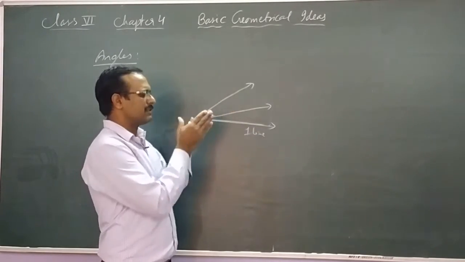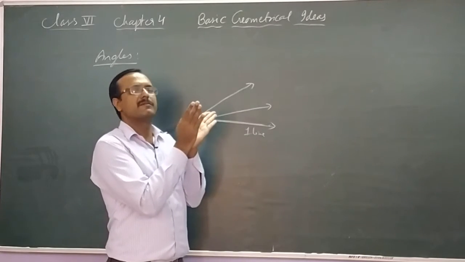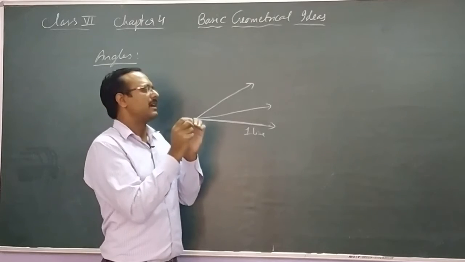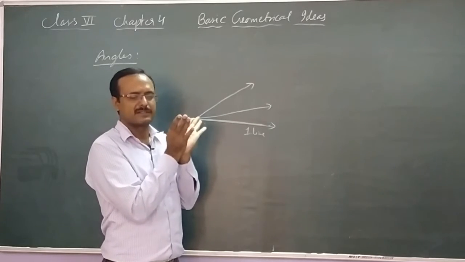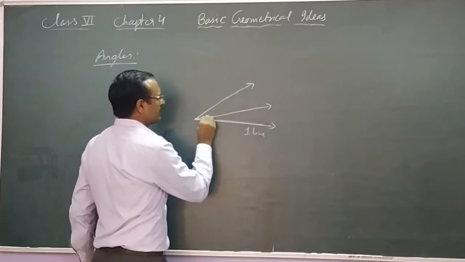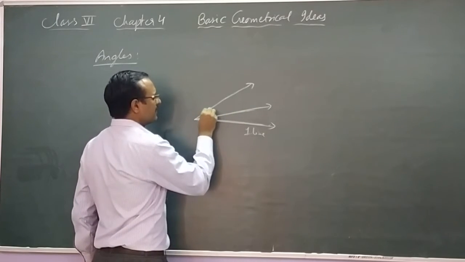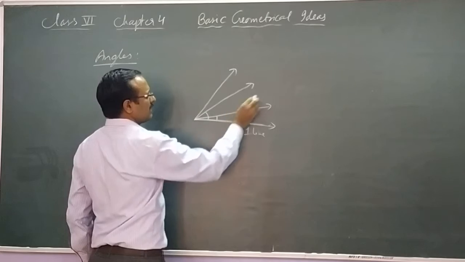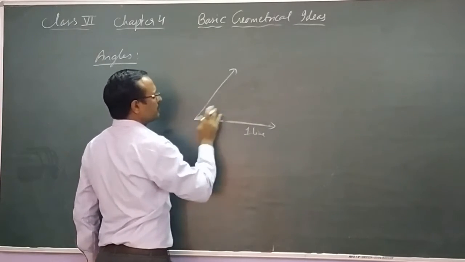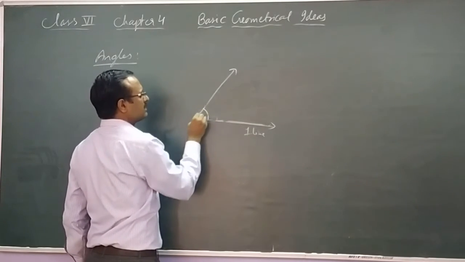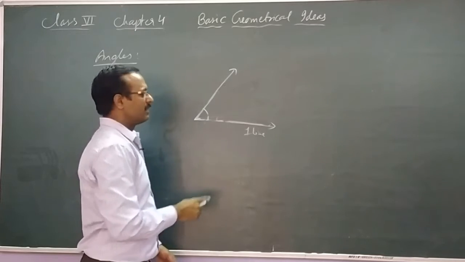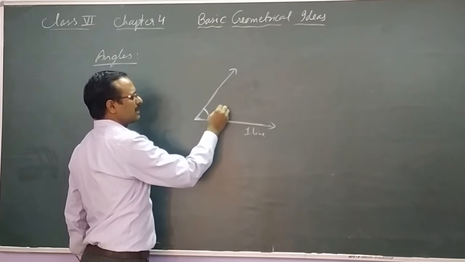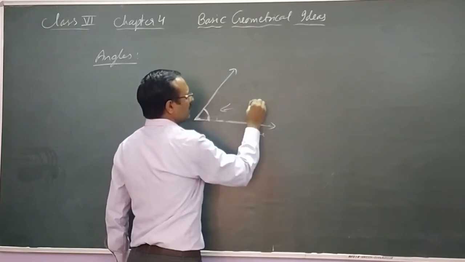They rotate at a fixed point and make some angles with each other. This type of rotation will make some angle with the starting line. If this line goes up to here, the distance between them will increase. This amount of rotation the line has done is considered an angle.